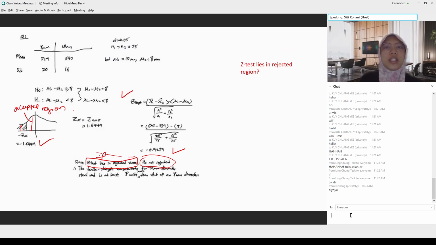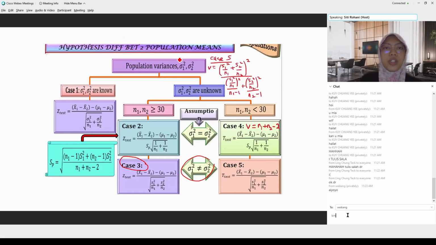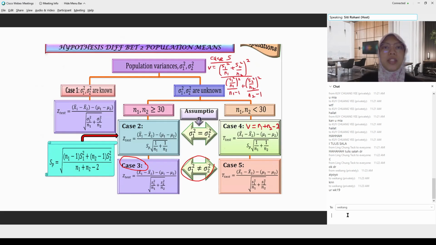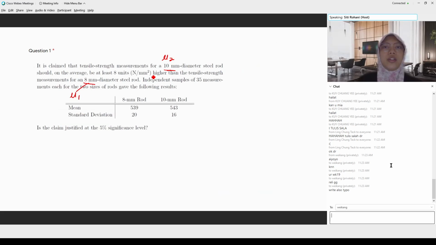However, if we look at the question, the 10 millimeter diameter is what your friend did as mu2, and this one is mu1. So here, the 10 millimeter diameter steel rod should be at least.